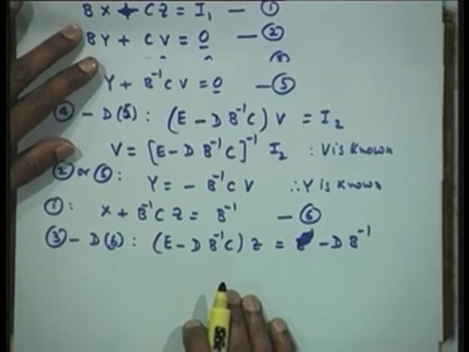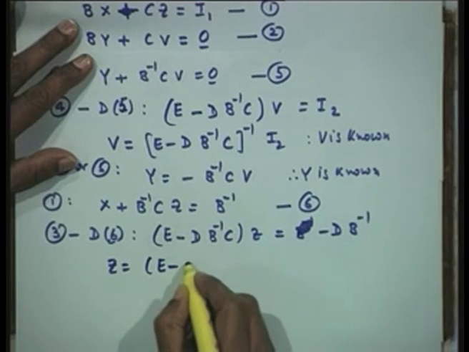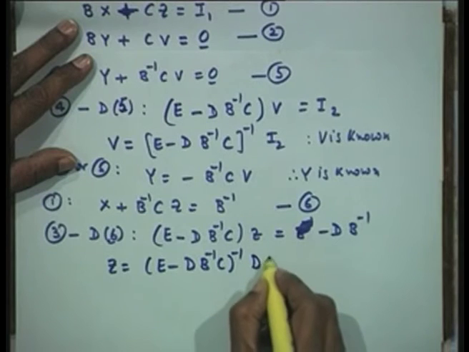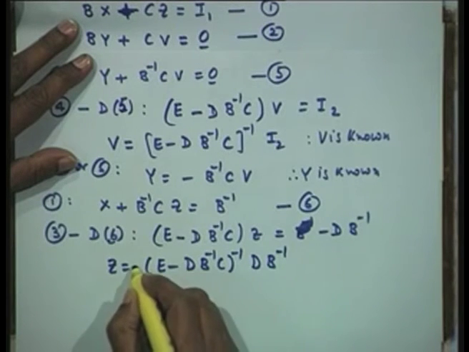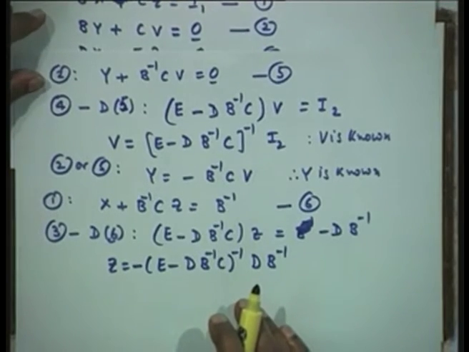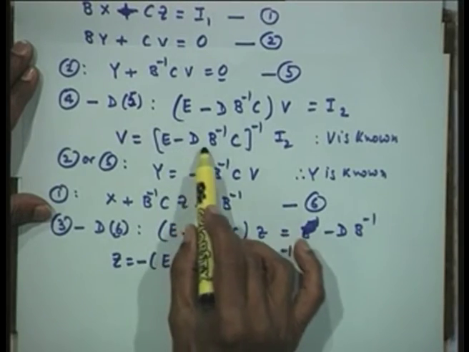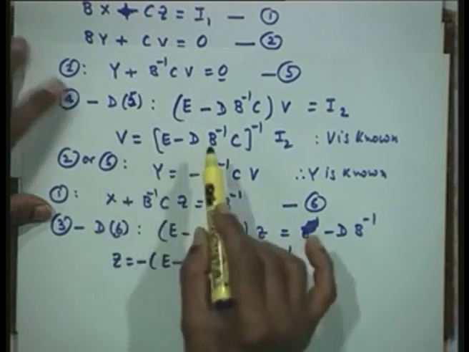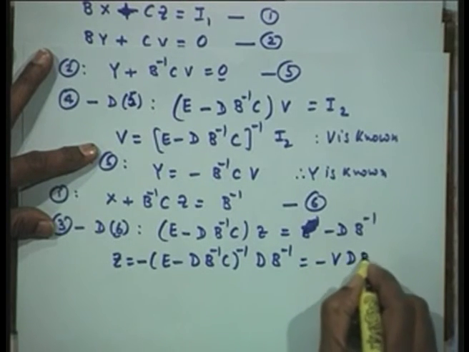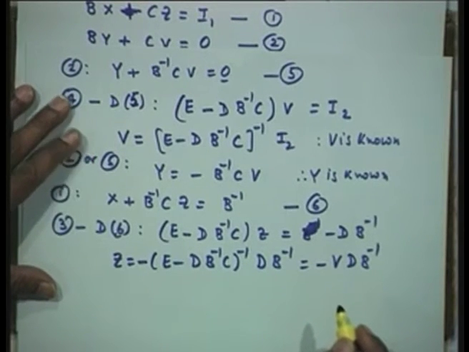Therefore Z is equal to E minus dB inverse C inverse dB inverse. Let us bring this minus sign over here. But this E minus dB inverse C inverse is V, therefore I can use this value of V and write this simply as V dB inverse.